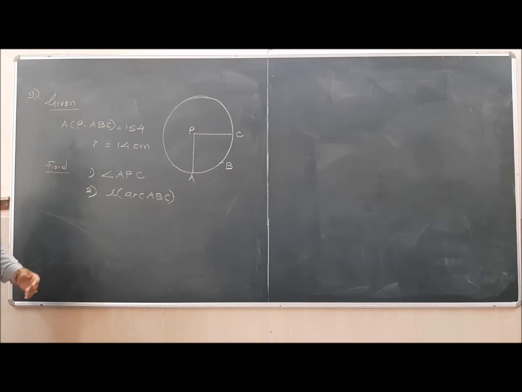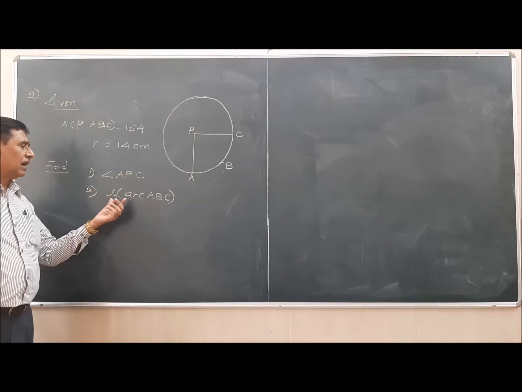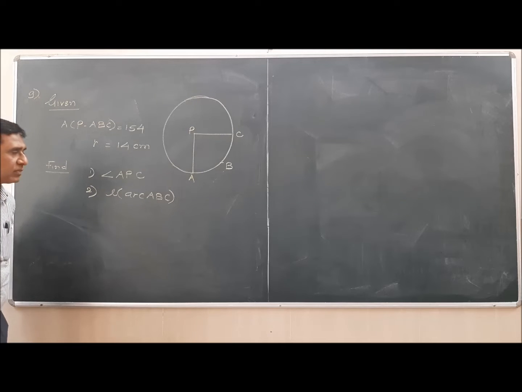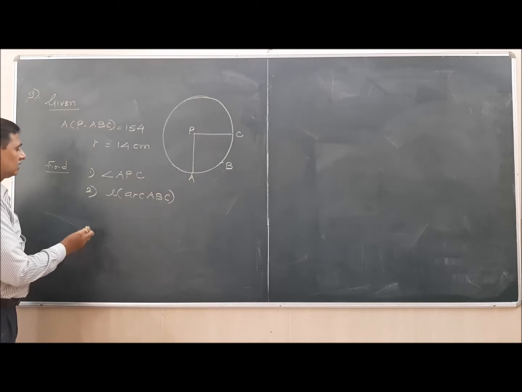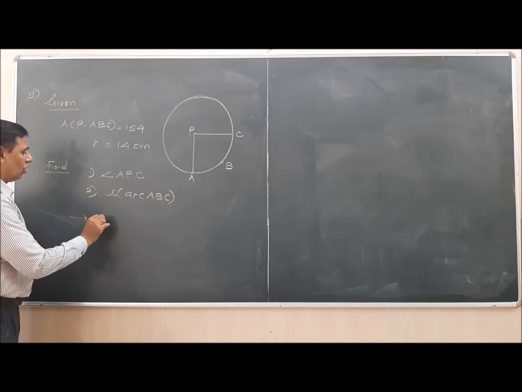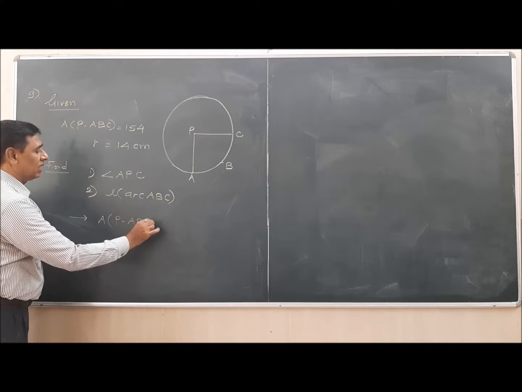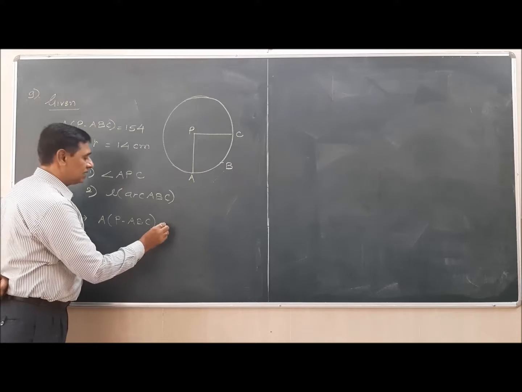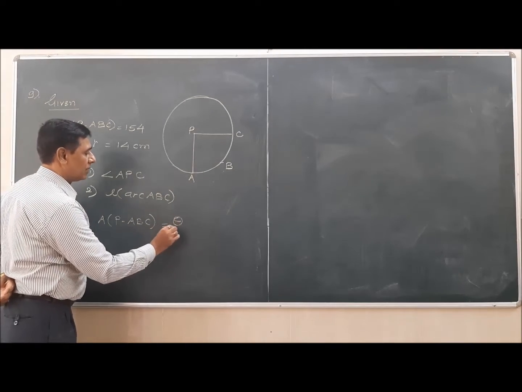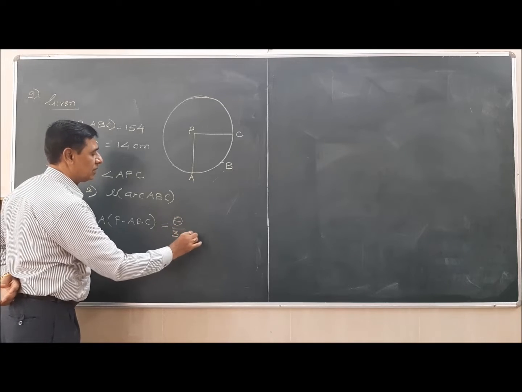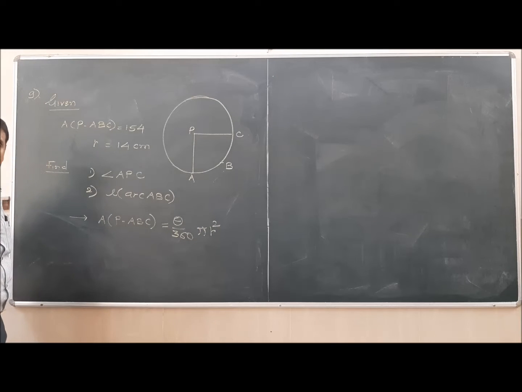The radius is given as 14 centimeter, and the question is to find the angle APC and the length of arc ABC. Now I am going to use the formula that the area of a sector of a circle with center P bounded by arc ABC is equal to theta upon 360 into pi r square.